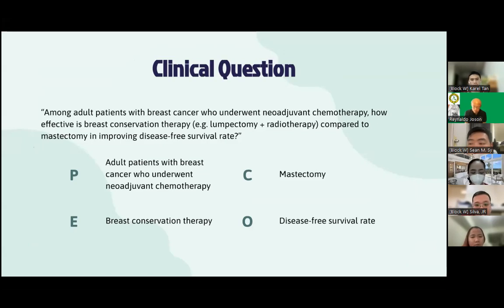So I have taught you a process of problem solving and decision making in terms of selection of paraclinical diagnostic procedure, and also in terms of selection of treatment procedure. So in this particular journal, we're talking about selection of treatment, breast conservation versus mastectomy.